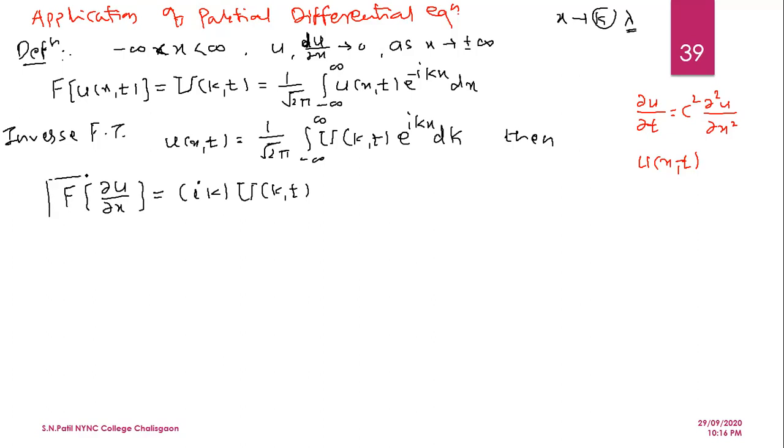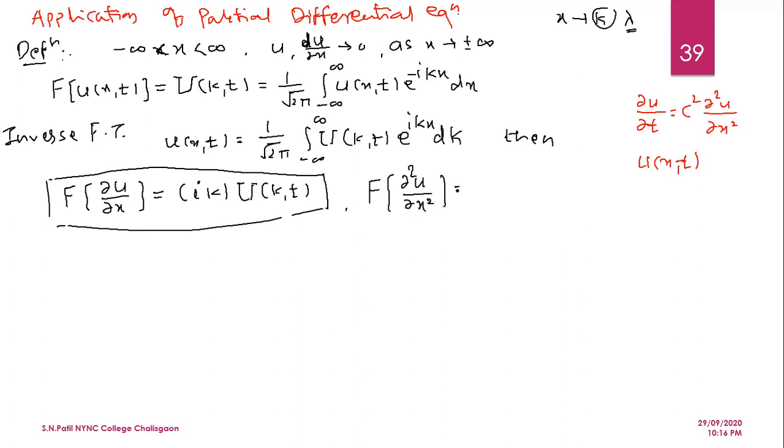Okay, this is the first order formula. Here we generally use the second order formula. So in the heat equation and wave equation, we want the second order formula, that is, the Fourier transform of the second order derivative of u with respect to x is equal to (ik)².